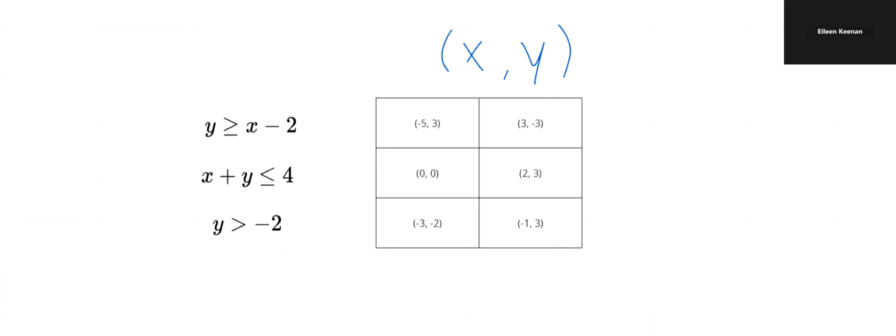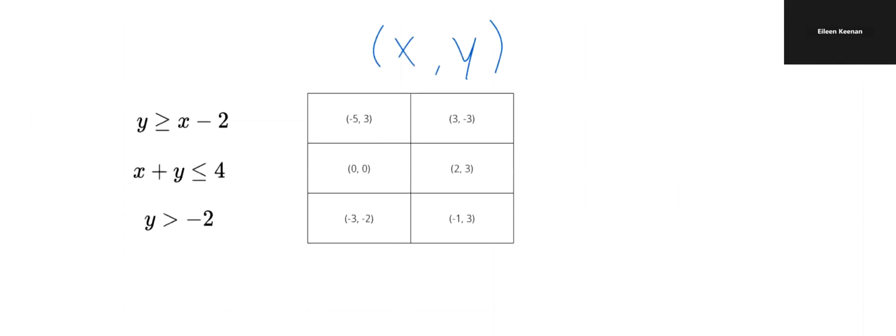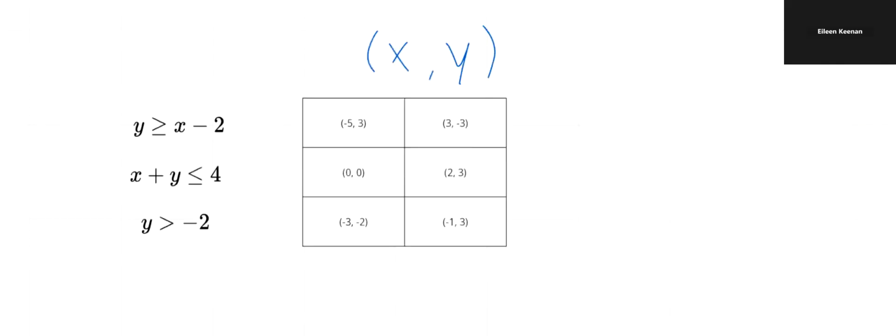Taking a look at our first one, -5, 3. Let's plug that into our first equation, y is greater than or equal to x minus 2. Our x is -5 and our y is 3.